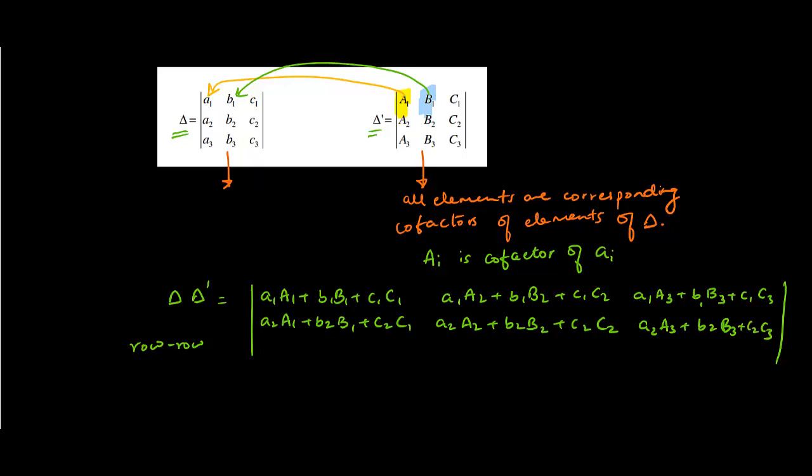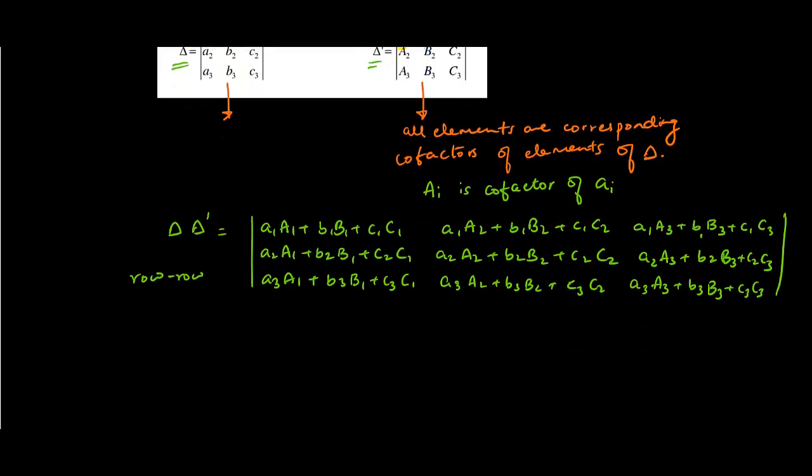And then finally we get the last row, which is a3 A1 plus b3 B1 plus c3 C1, a3 A2 plus b3 B2 plus c3 C2, and a3 A3 plus b3 capital B3 plus c3 times capital C3.